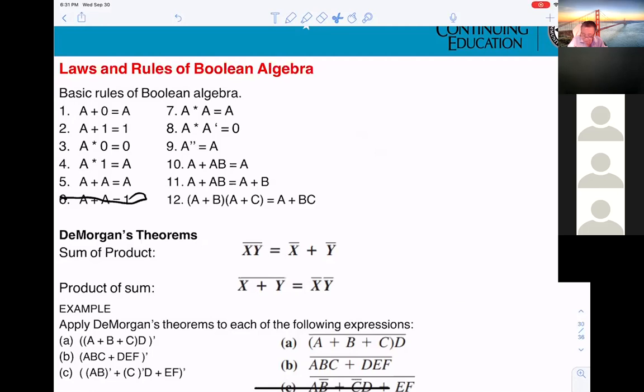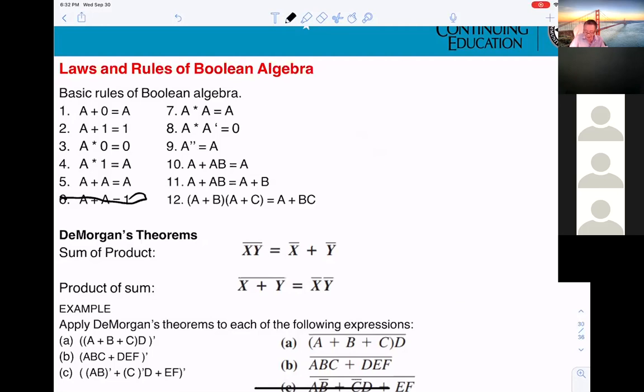Now number 8. A and not A. The answer will be 0. If A equals 0 times not A equals 1, you get 0. And if A equals 1, not A will be 0, times 0, you still get 0.